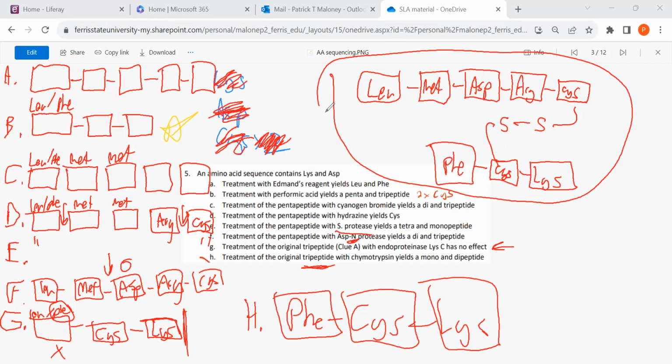Was that an easy one? I thought it might be medium difficulty. I don't know what you guys thought. Compared to our exam two, this one was easy.